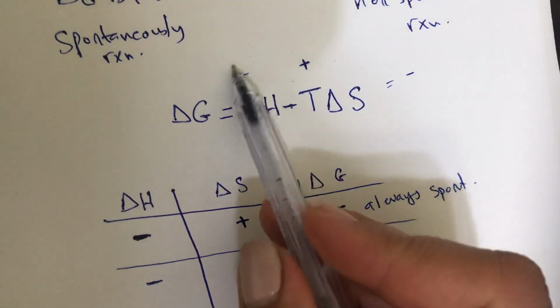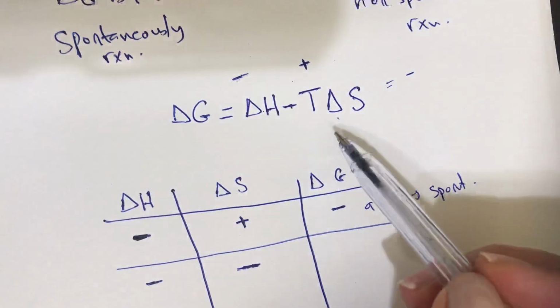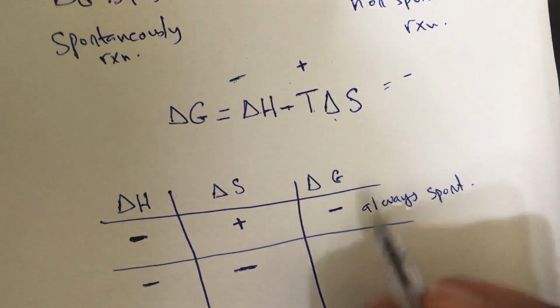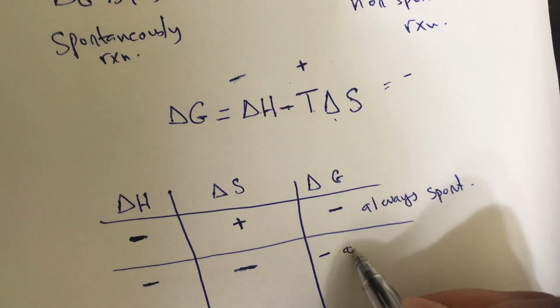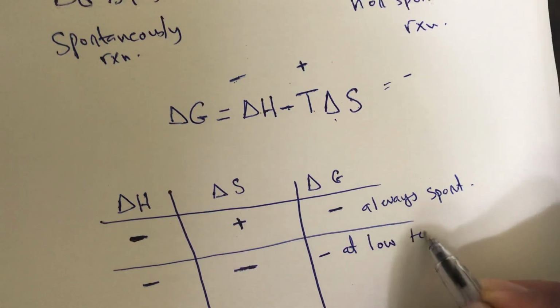When the delta H is greater than temperature times delta S. So delta G is negative at low temperature.